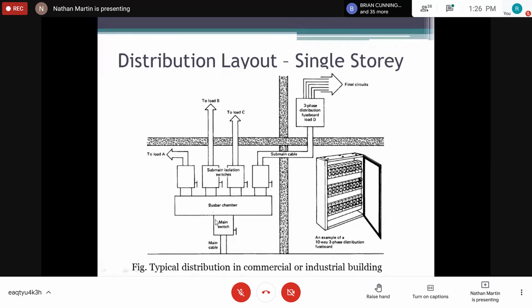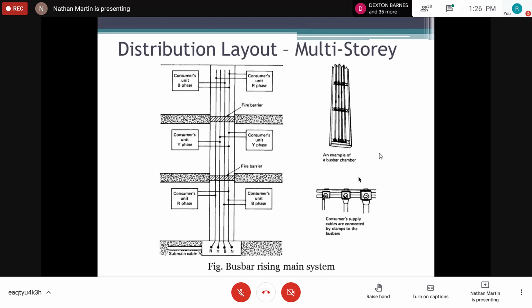So it would come into our main switch, or this would be our bus bar chamber. Our bus bar chamber will be connected to our different isolators, and then we can isolate the different panels. So this might be supplied to different sub-panels in a single story layout. In terms of multi-story layout, now we're talking about apartment complexes that are about 3 or 4 stories.